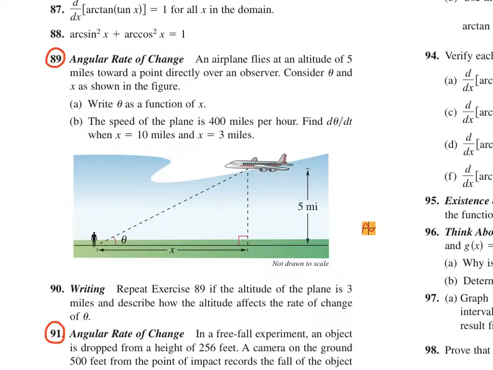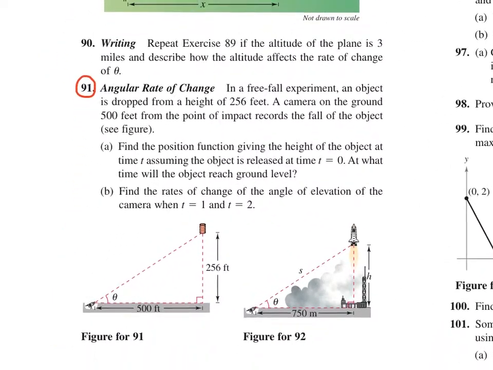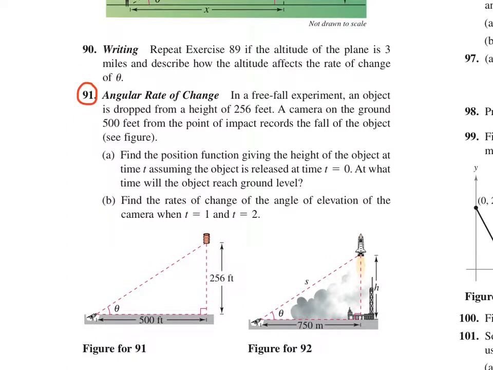This person is standing still, and the airplane is flying in this direction, horizontally. We're looking at the change in the angle. If you're standing there watching it fly over you, you're having to lift your head up. What's the rate of change in the angle you have to lift your head up at? And then here, angular rate of change again.